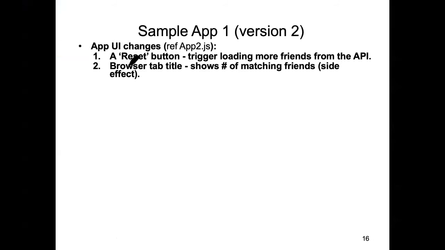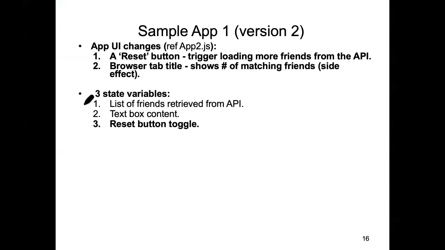So from a UI point of view, that's the change. Now, how does that impact on my components? It's really only the top component that's being affected by this. It means I need to add another state variable because I need my component to know when the user has clicked the reset button, because clicking the reset button causes some change to happen and will cause what's displayed on the screen to change as well.